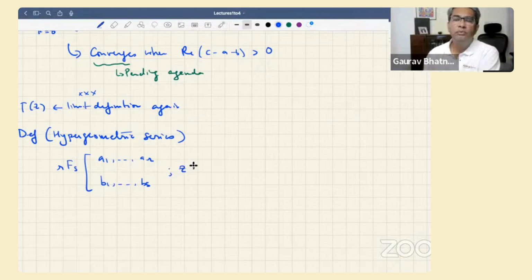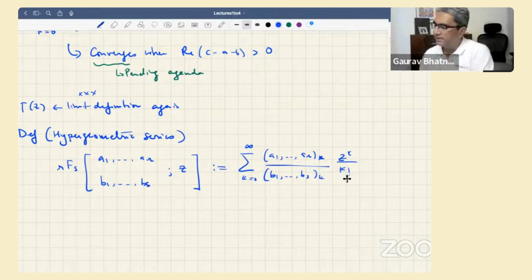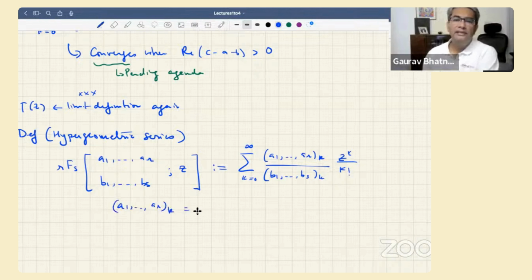There's no q, but there is a power series variable z, and this is a1 to ar sub k, b1 to bs sub k, k going from 0 to infinity, z to the k over k factorial. So this 1 sub k comes as k factorial, it's always there. And of course, a1 to ar sub k is the same as a1 sub k, a2 sub k, etc.